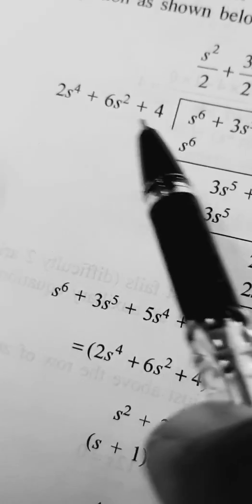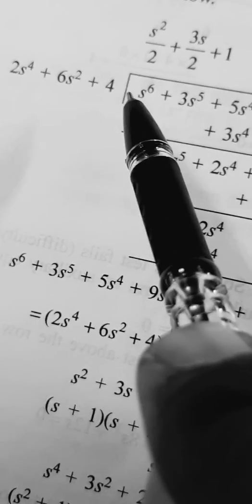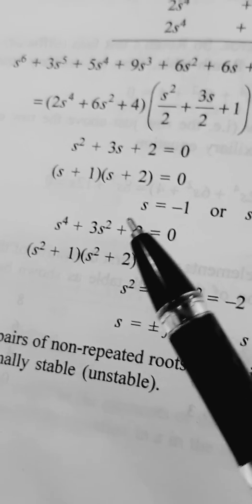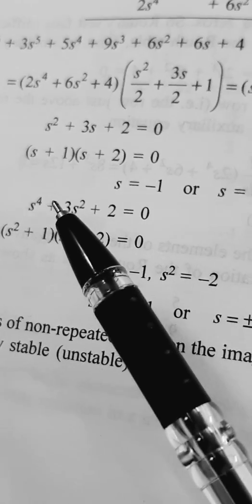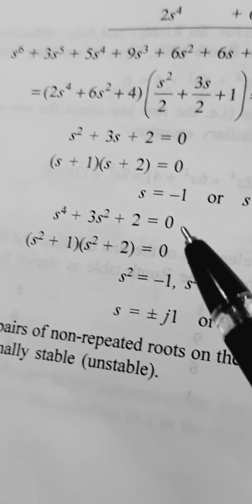Here you can take 2 outside, so it is s raised to 4 plus 3s square plus 2. When you take 2 outside, 2 is not equal to 0, so you get s raised to 4 plus 3s square plus 2 is equal to 0.